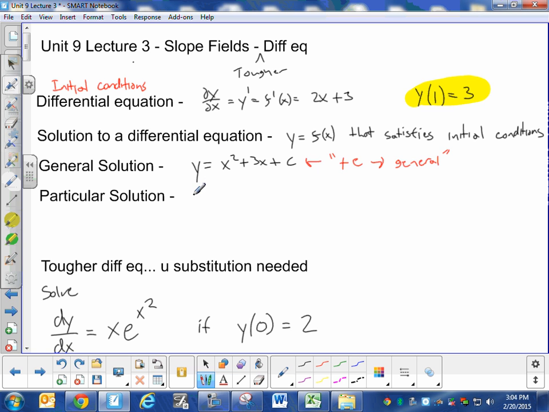So we can go ahead and find c and get our particular solution. 3 is equal to 4 plus c, c is equal to negative 1. And all of a sudden you have a particular solution. No more c.